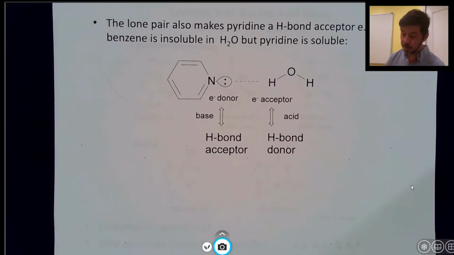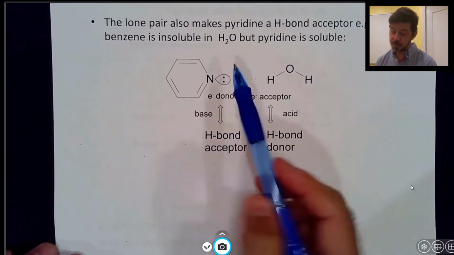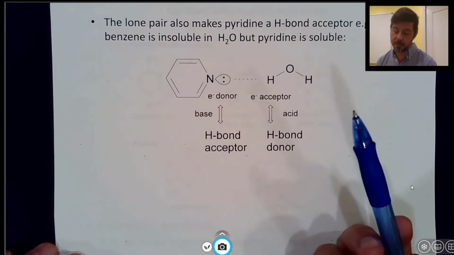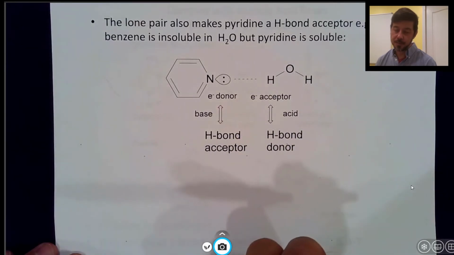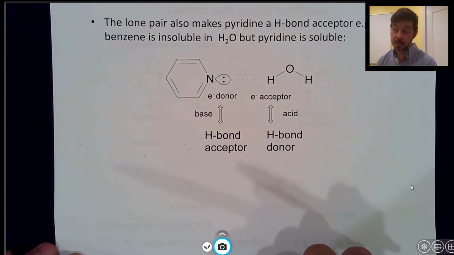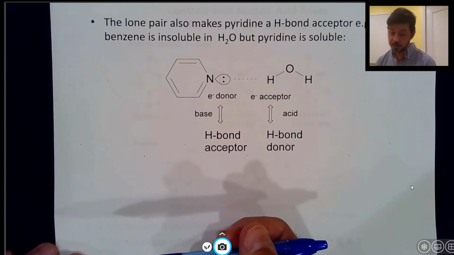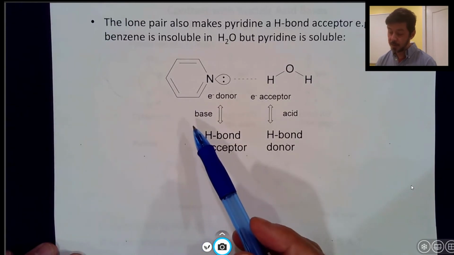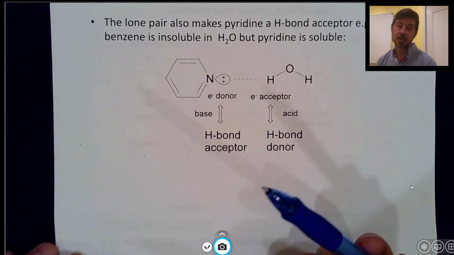Okay, the other thing about pyridine is that it's a great hydrogen bond acceptor. So organic chemists like using pyridine as a solvent because not only do we have a good base, I can accept a proton and also donate it through the conjugate acid. It's great for solubilizing polar compounds.